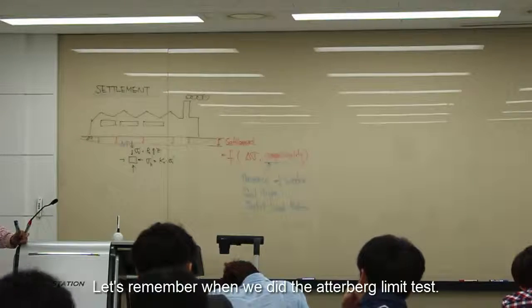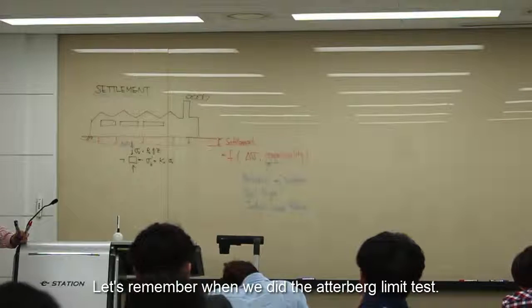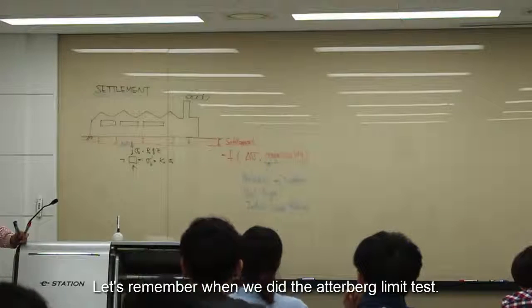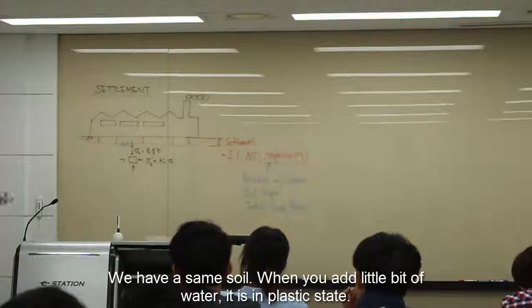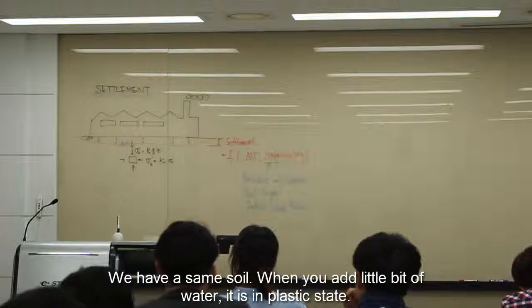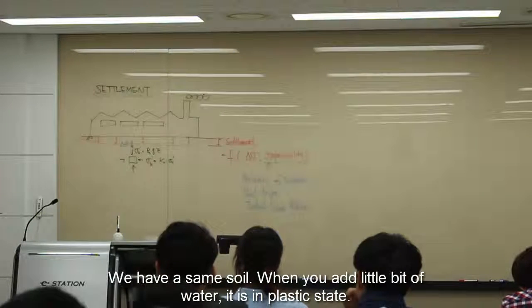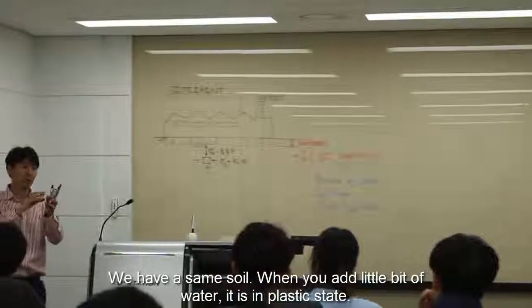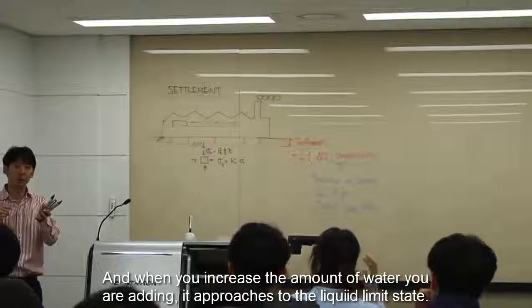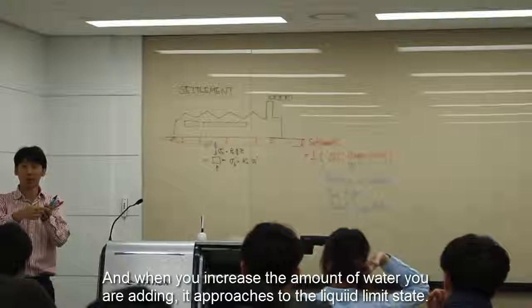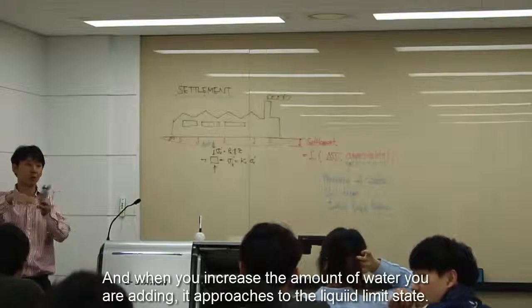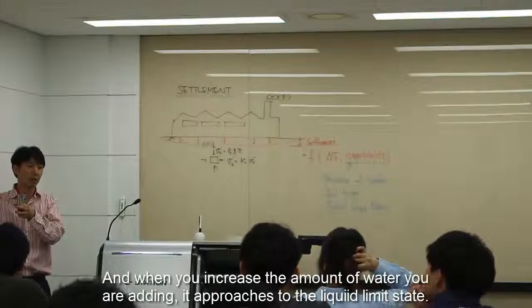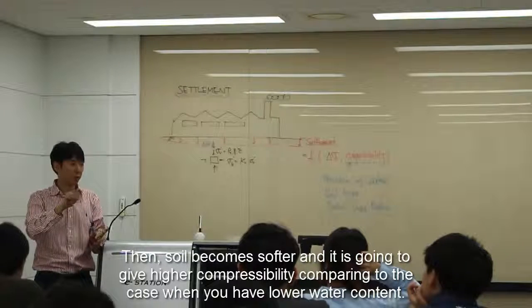Let's remember that when we did the Atterberg limits test, we had the same soil, and when we add a little bit of water, it becomes plastic. And when you increase the amount of water you're adding, approaching the liquid state, the soil becomes softer, right?